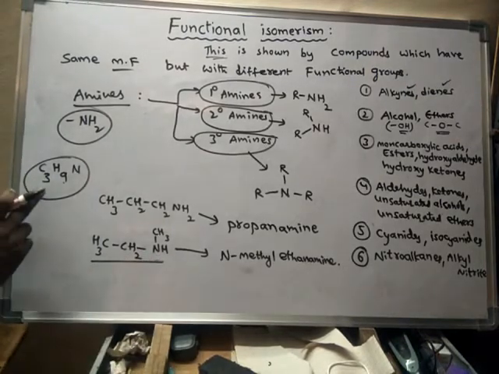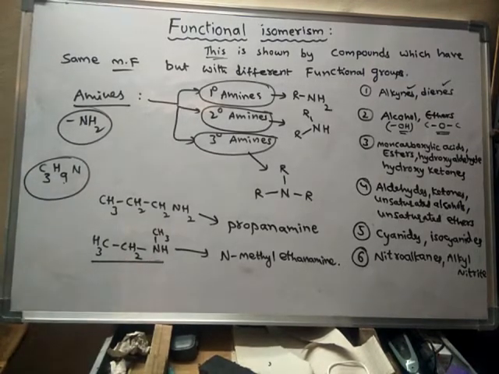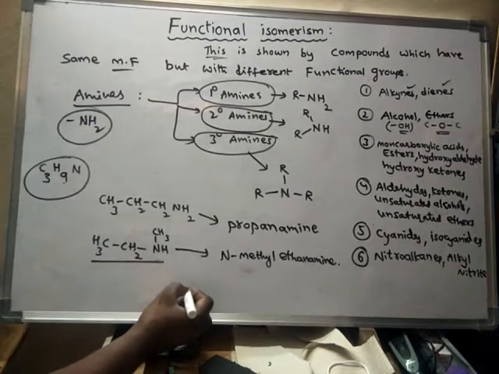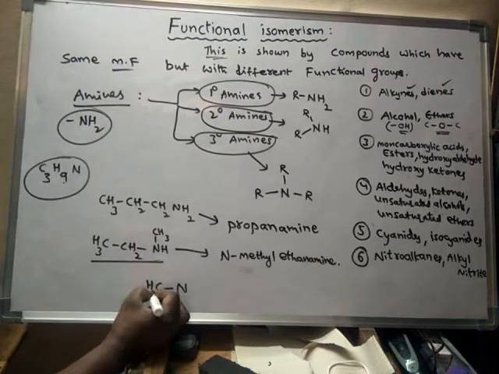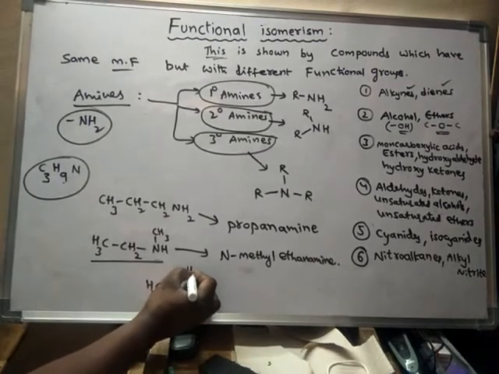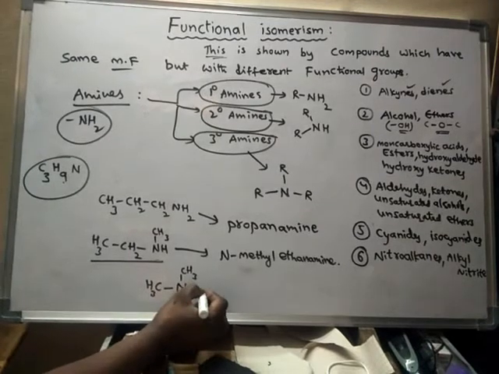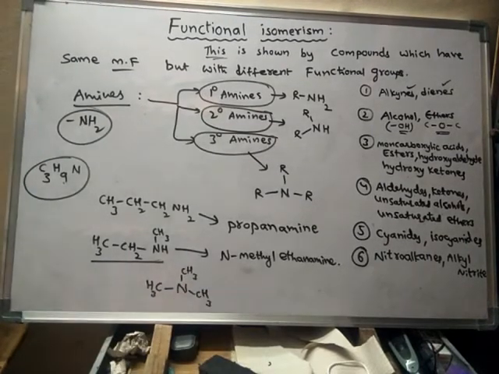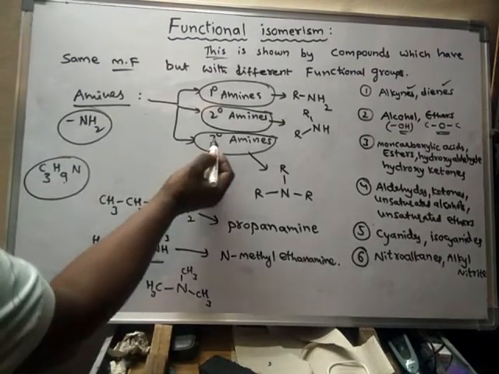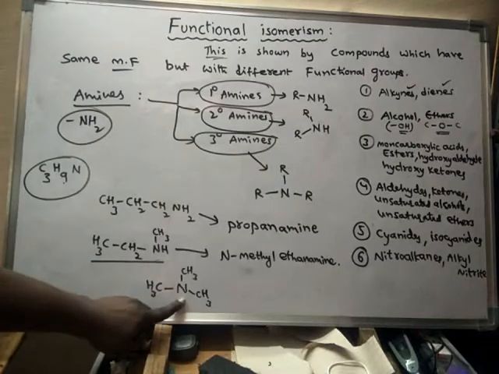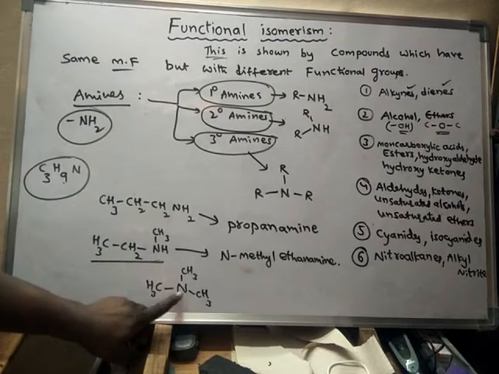Now with this molecular formula, I can write another, different compound. CH3. In this compound, it is said to be a tertiary amine. In a tertiary amine, the nitrogen is not attached to any hydrogen atoms.